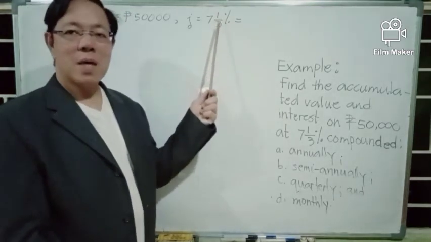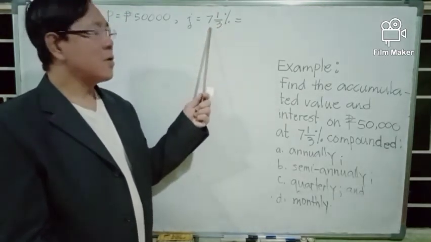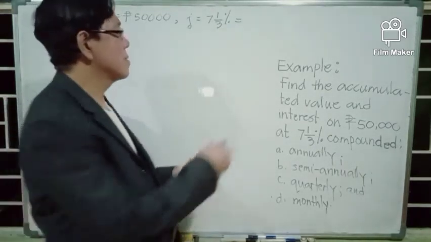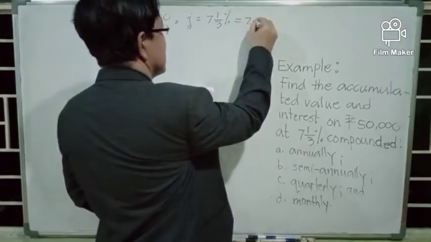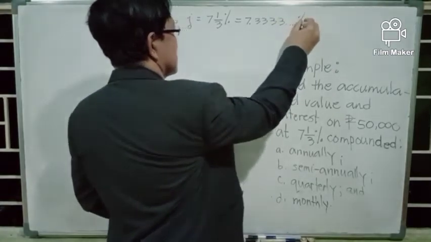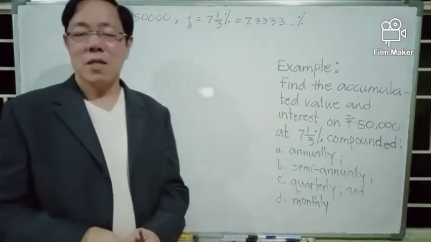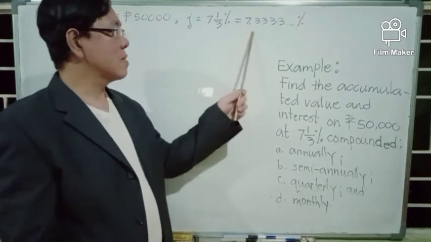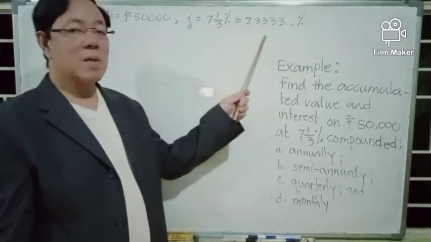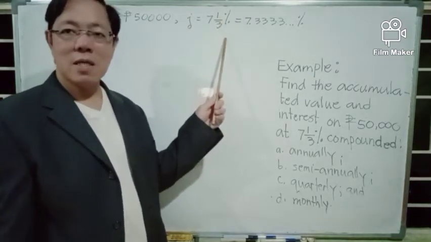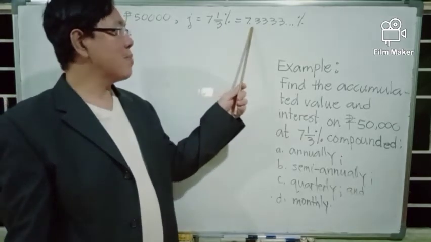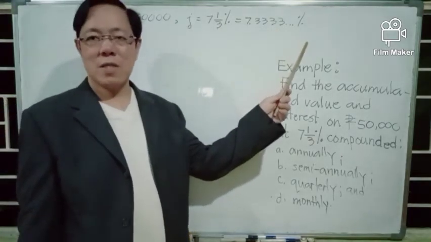You divide 1 by 3 and you add 7, and you should get 7.333, with the digit 3 repeated without end, and it's still in percent.